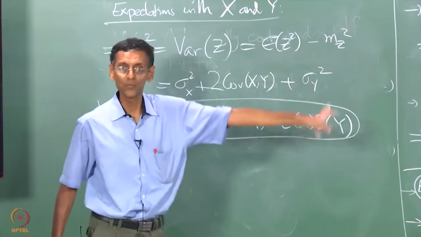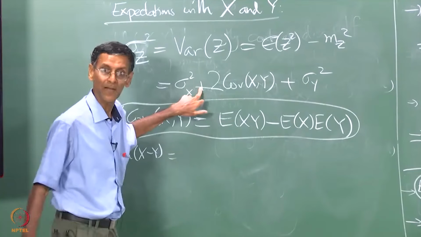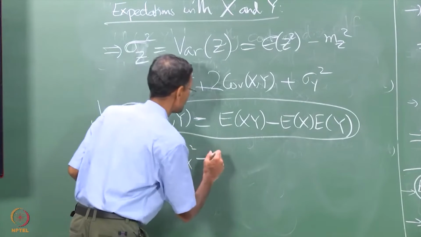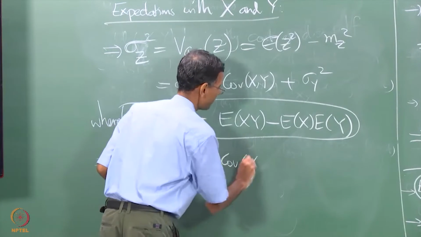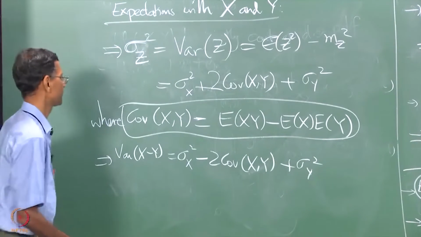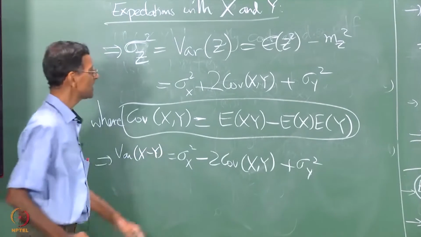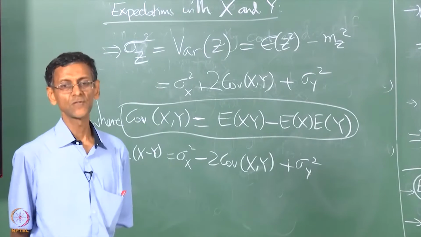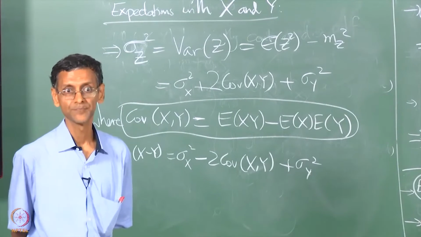Please go back, do the derivation, you will see only this term becomes a minus. So this becomes sigma x squared minus 2 covariance x y plus sigma y squared. So using this covariance idea, you can write out not only the variance of the sum, but also the variance of the difference.